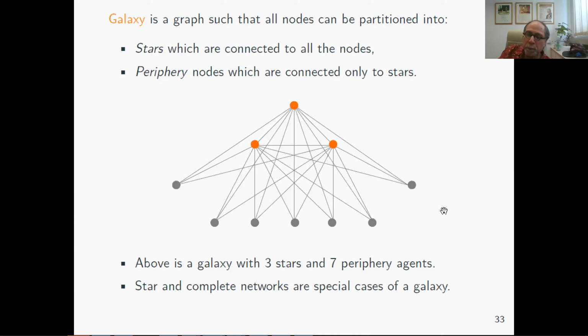So let me say it simpler: you take the complete graph and erase all the links that are within the same Ci. You take the complete graph on all the nodes and erase within each Ci. Sorry, no, but you have to make sure that you don't erase the links within the stars. The stars have to have links between themselves. Again, you take a full graph and partition it into C0, C1 up to Ck, okay?